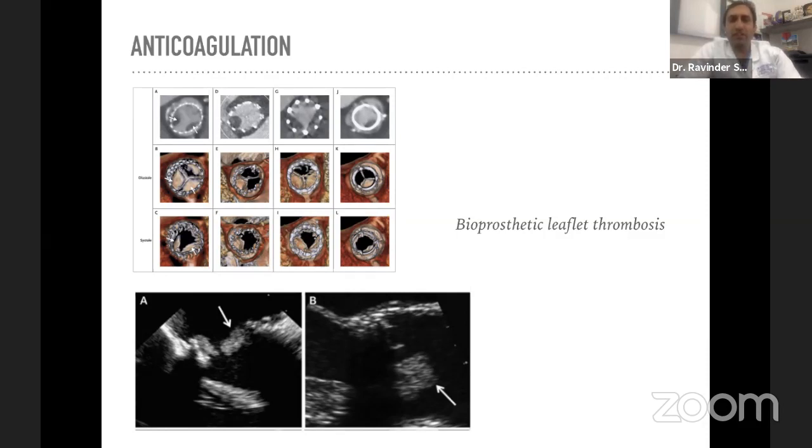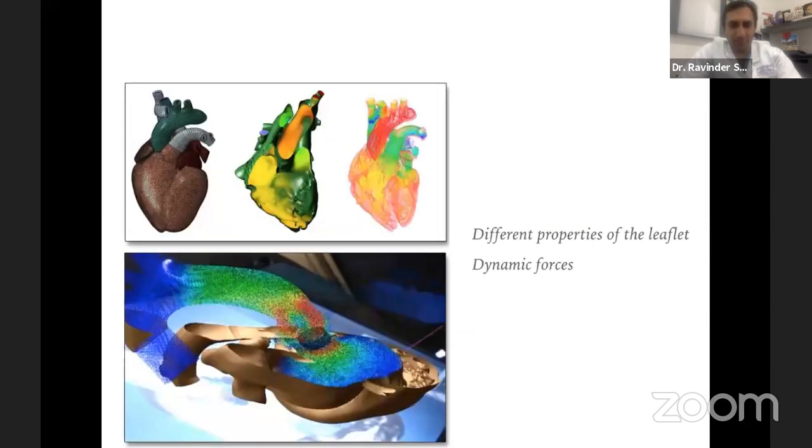If the leaflets are thick on a 4D CT scan, most likely this is a thrombus on a bioprosthetic valve. This can happen because of different properties of the leaflet, and also due to the different dynamic forces generated at the level of the valve. If you remember, in a transcatheter aortic valve patient, the native leaflets are still there.